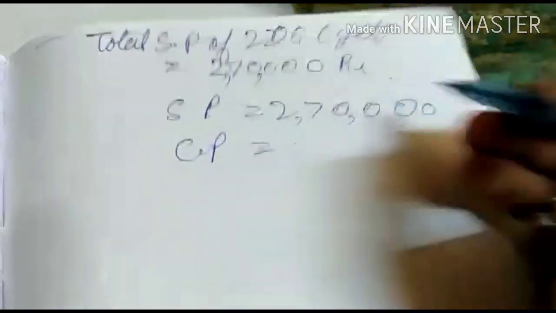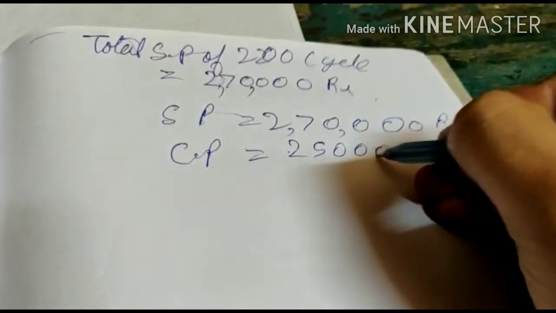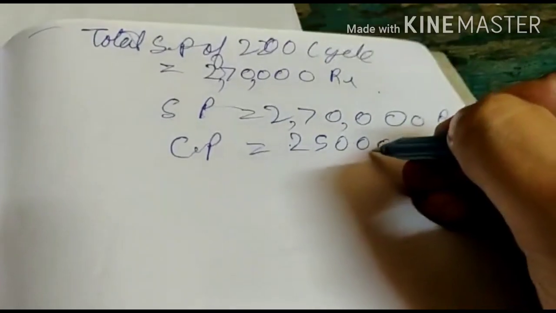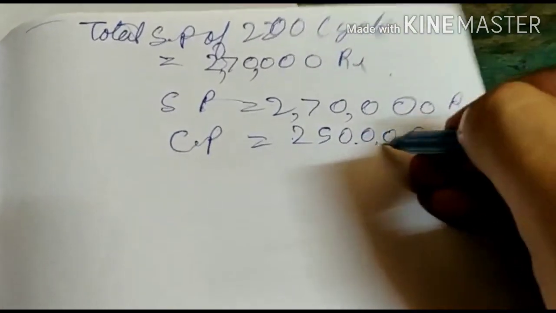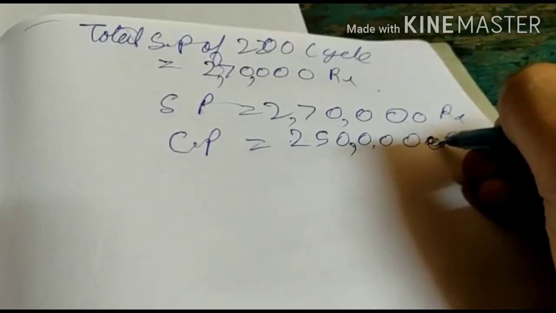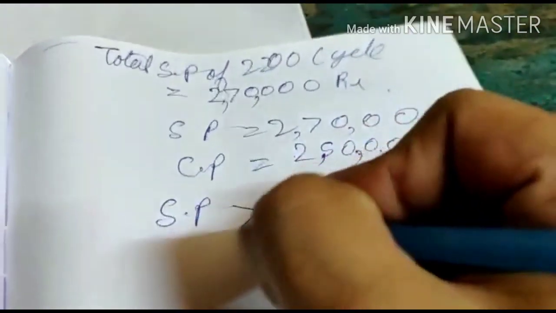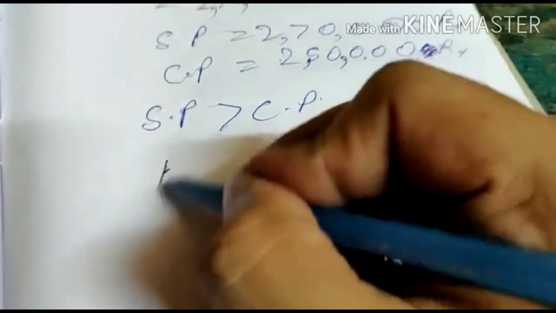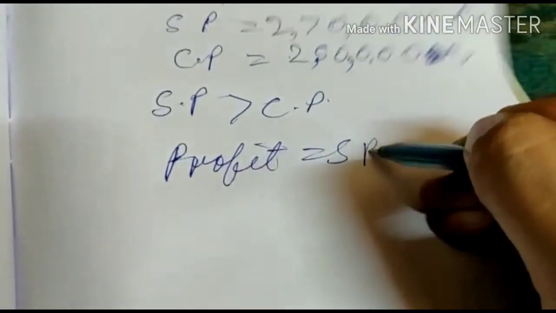CP we got was 2,50,000 rupees. SP is greater than CP. When SP is greater than CP, that is profit, equals SP minus CP.